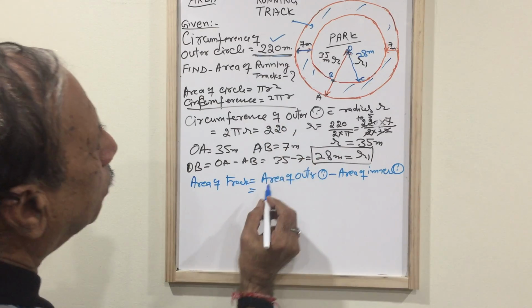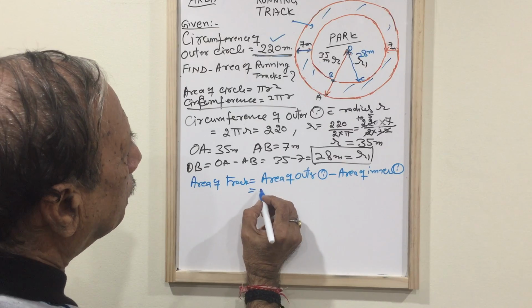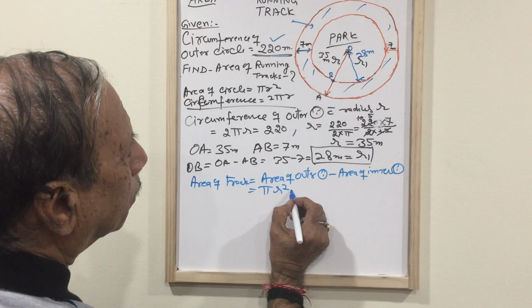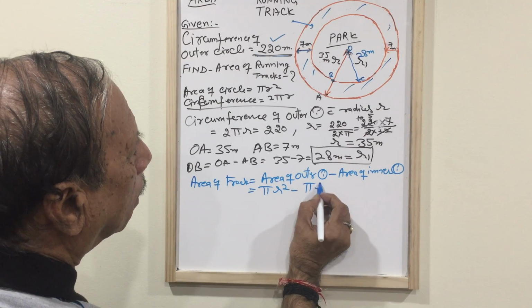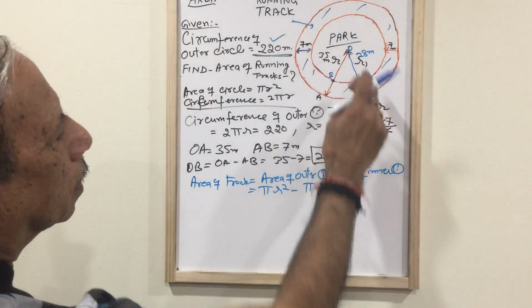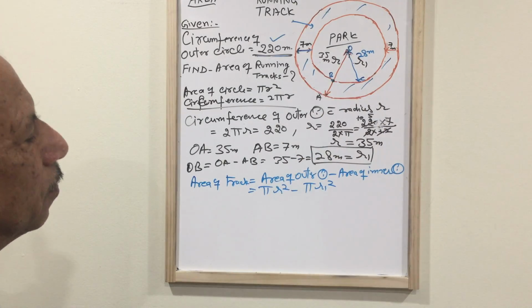We will substitute values. Area we know is pi r square, minus pi r1 square, because for the inner circle the radius is r1.